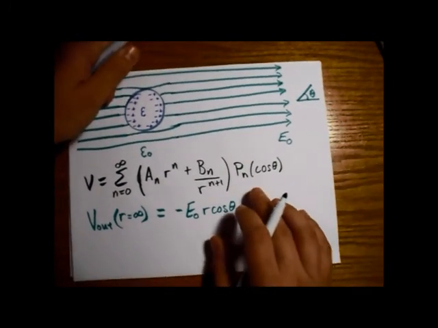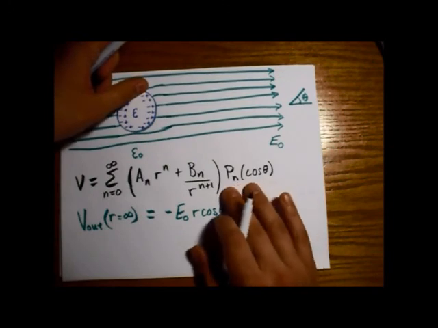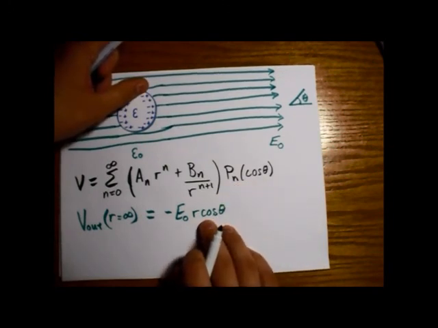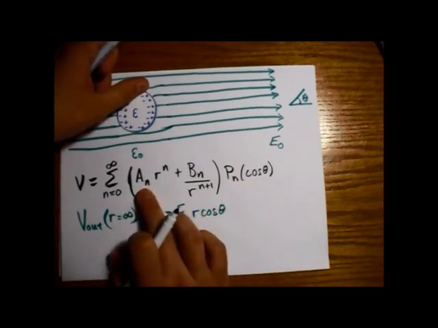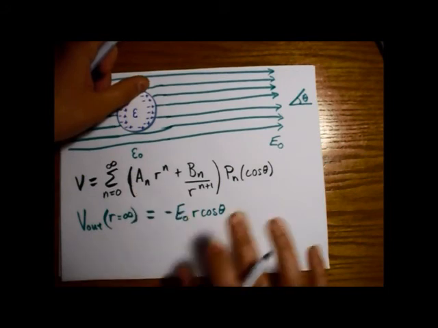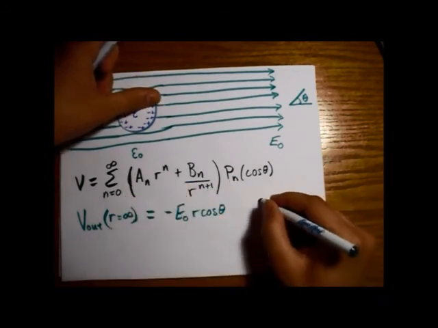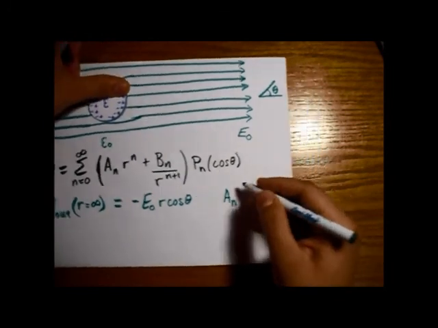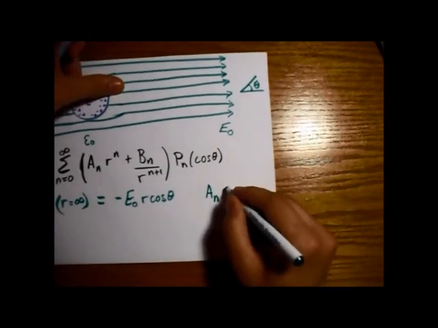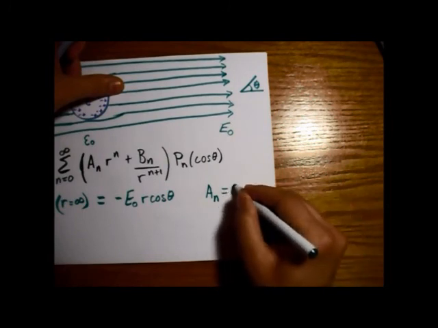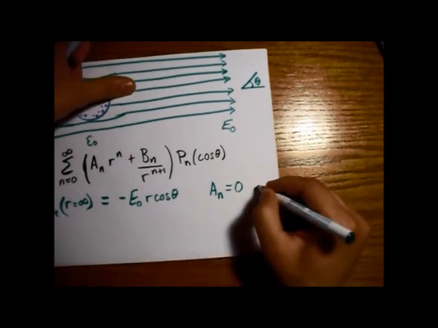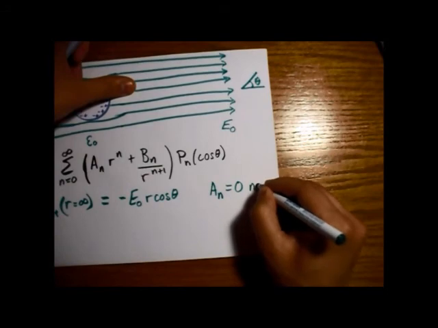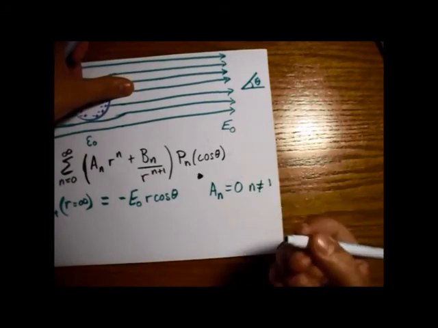It will turn out, when we look at the Legendre polynomials, to only be the A sub 1 term. All the other ones are going to be 0, so I'm going to write that out here. A sub n, this is for the outside, equals 0 for n not equal to 1.